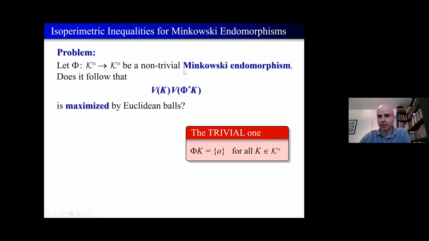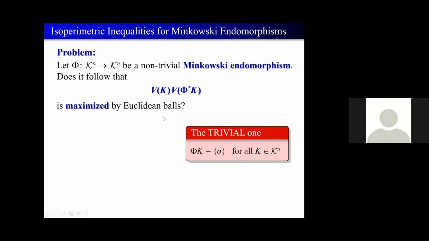So we are not interested in that. For this one, these inequalities don't make sense. So we exclude this one. So let's say you have a non-trivial Minkowski endomorphism. Does it follow that this volume product of the polar volume of phi, essentially with the volume of K, is always maximized by Euclidean balls?